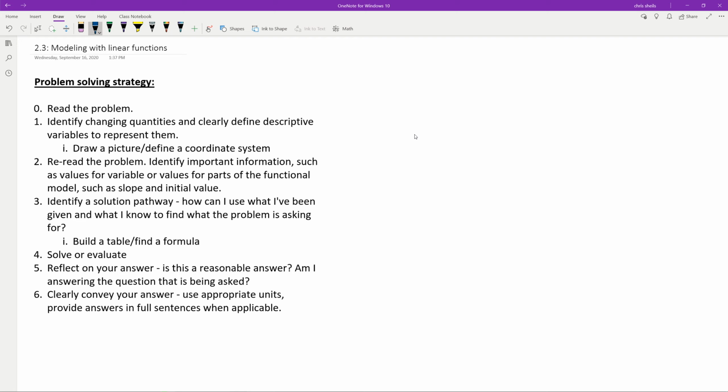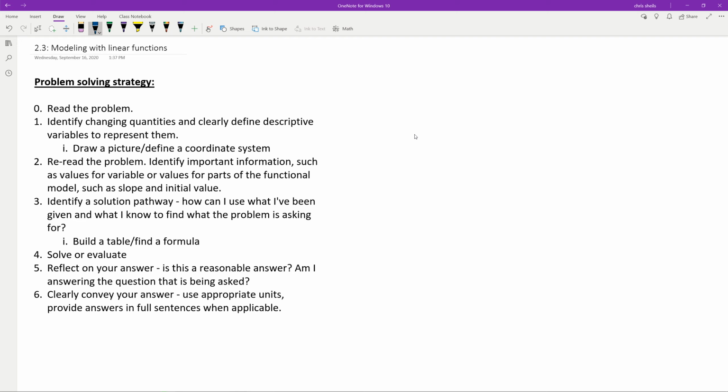Then identify a solution pathway. How can I use the information that I've been given and the things that I know in order to find what the problem is asking for? At this step, we might build a table or find a formula.